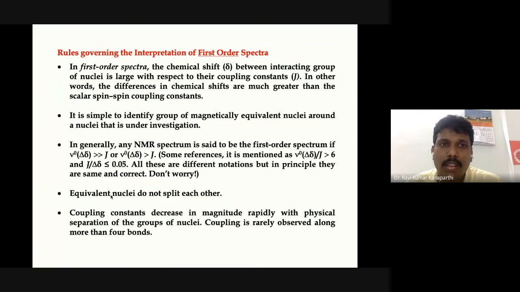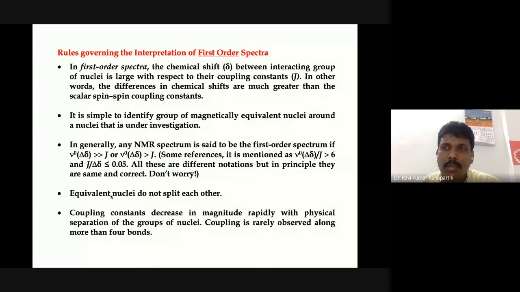Let us look into the first order spectrum, and the chemical shift difference. Let's consider two sets of protons, sets of nuclei which are resonating, and naturally the modern NMR spectrum is basically split. Earlier, in the older days, we had the limitation of the magnetic field, bar magnet or static magnet, but nowadays it's not at all an issue.